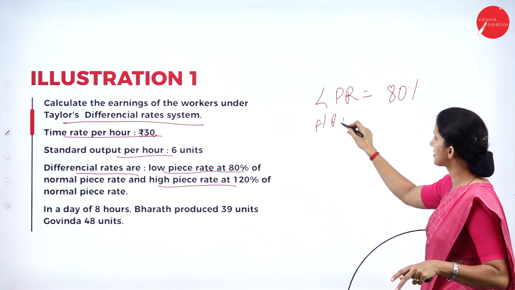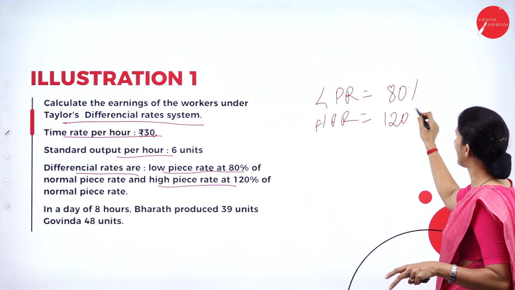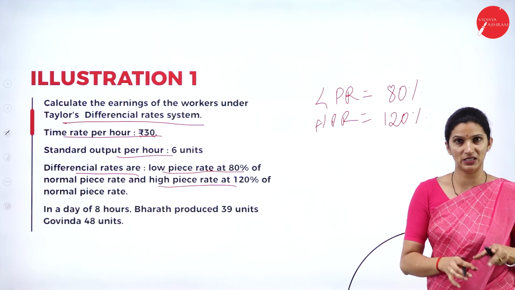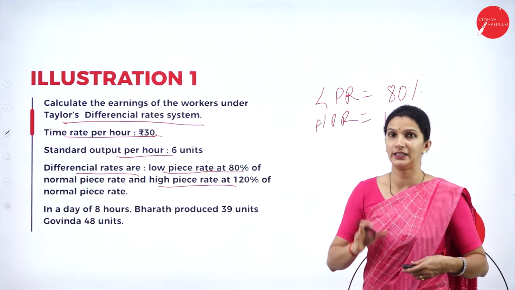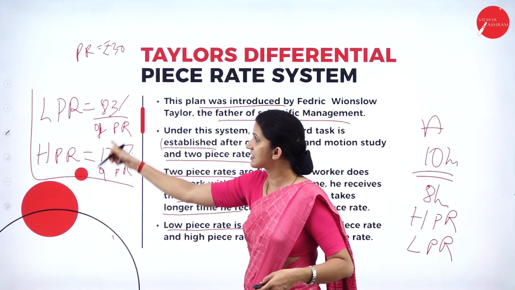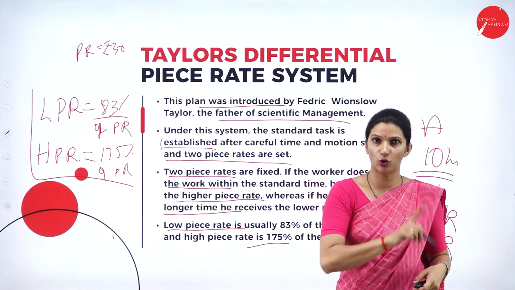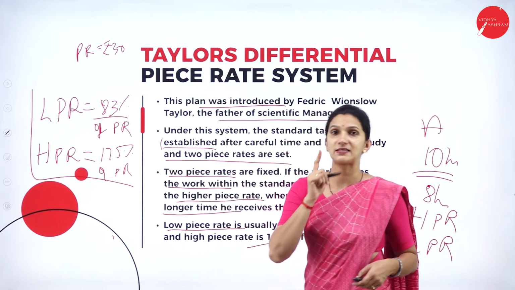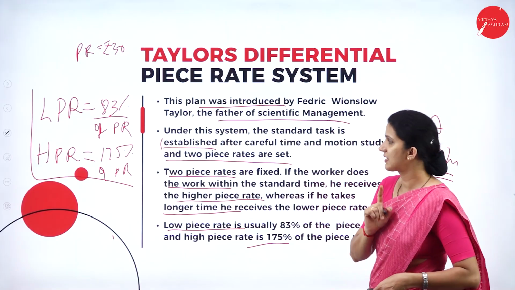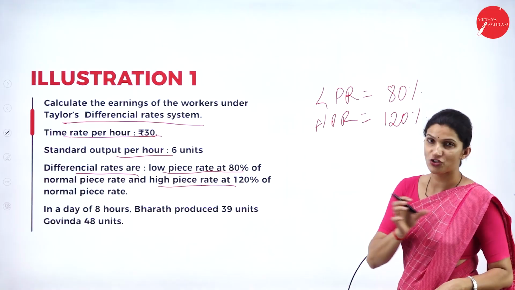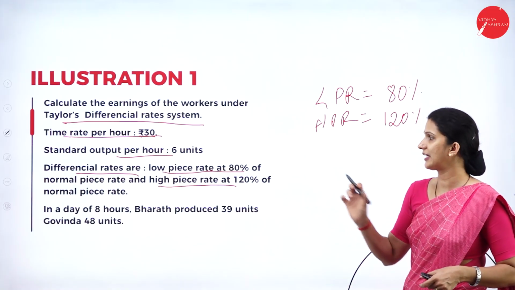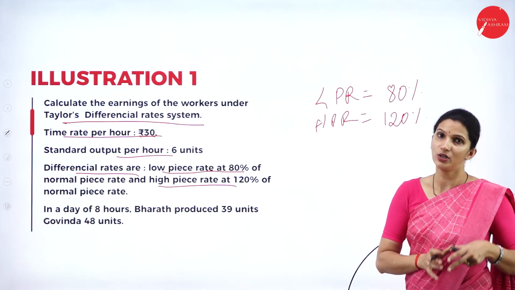Then for the high piece rate, we need to apply 120% of the piece rate. Suppose in the questions these two are not given, then you will apply 83% for the low piece rate, and for the high piece rate it is 175%. But in this question, we have clearly been given the differential piece rates, that is 80% and 120%. So that we need to take.